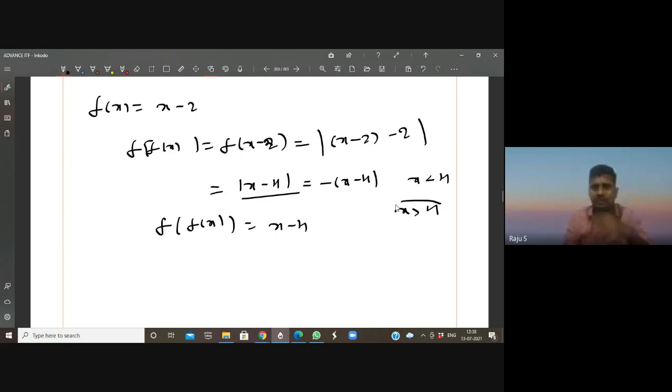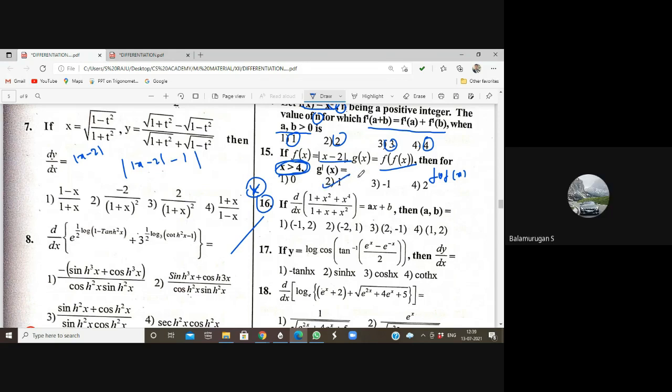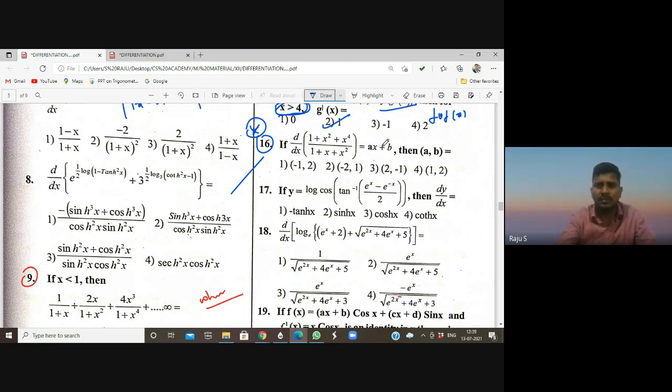But they gave greater than 4, so for any value like 5, 6, 7, 8 we get a positive. So what is the derivative now? g dash of x is clearly 1. That's all. That is a simple and logical question.